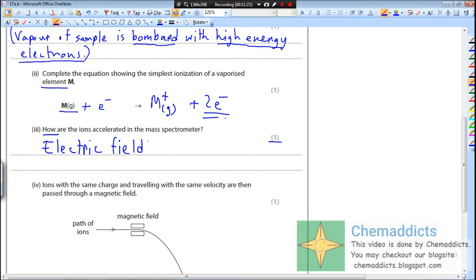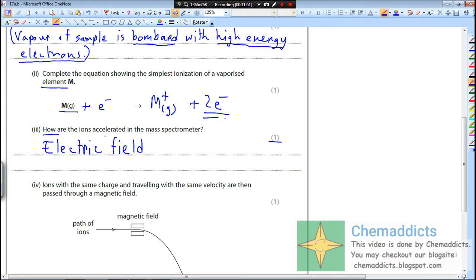There are a few steps that the ions go through. At first, ions go through the electric field to be accelerated.